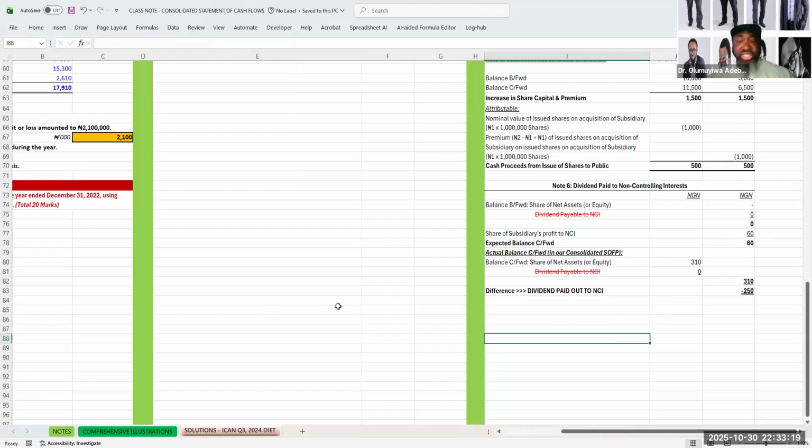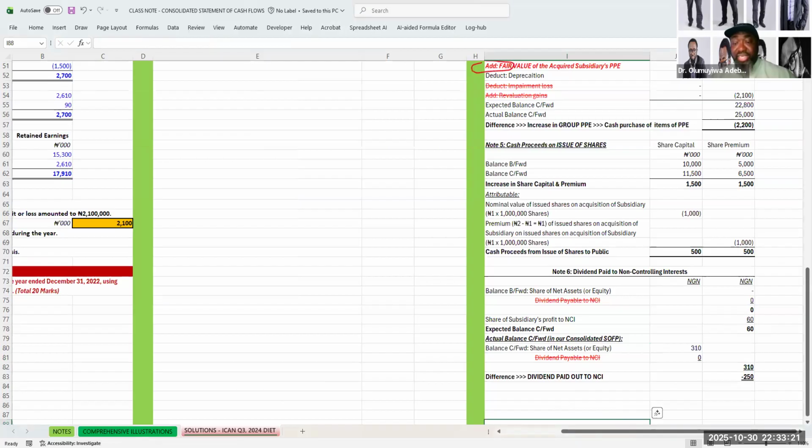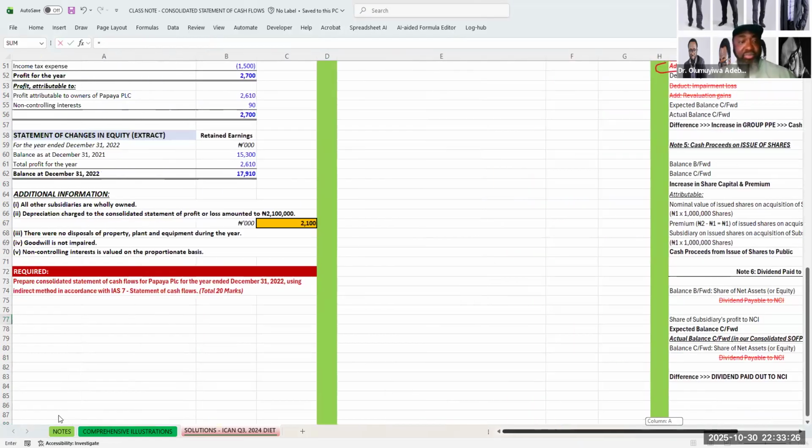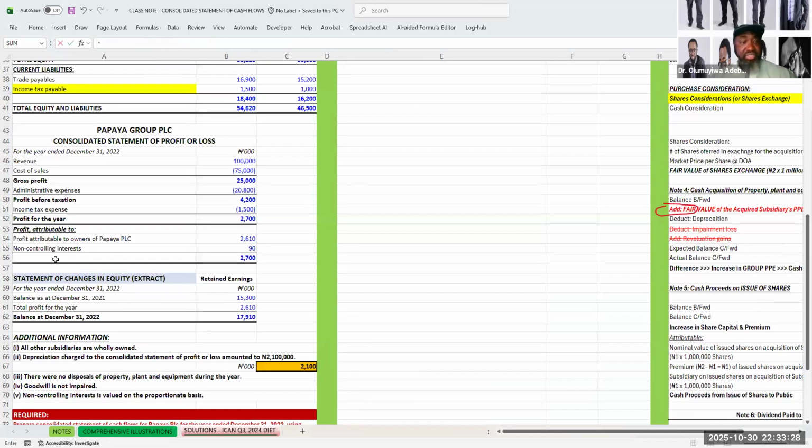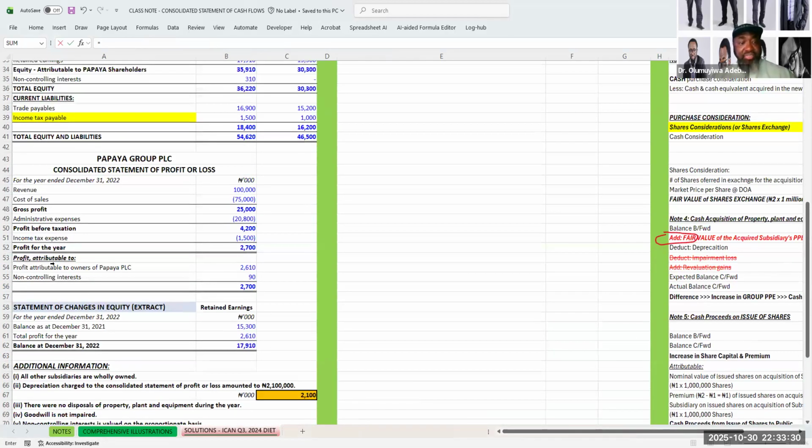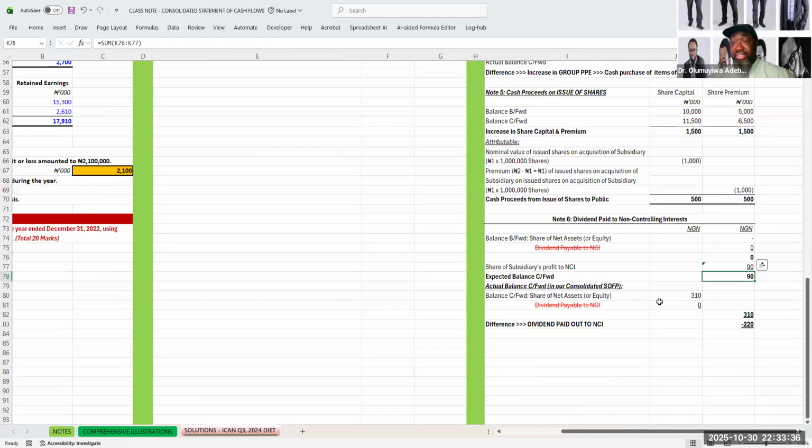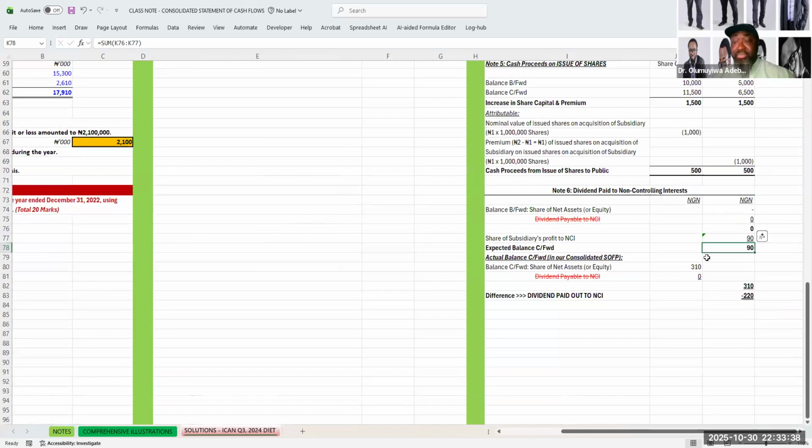Now, what is the share of profit to NCI? The share of profit to NCI, we see it in our income statement where we attribute the profit. Now you can see profit attributable to NCI was 90 out of 700. Therefore, I linked it. Therefore, my expected balance for NCI supposed to be 90.